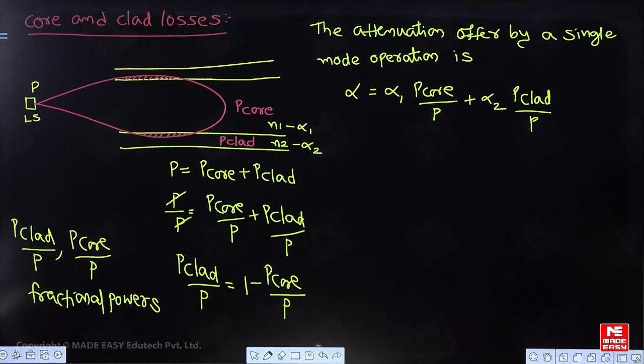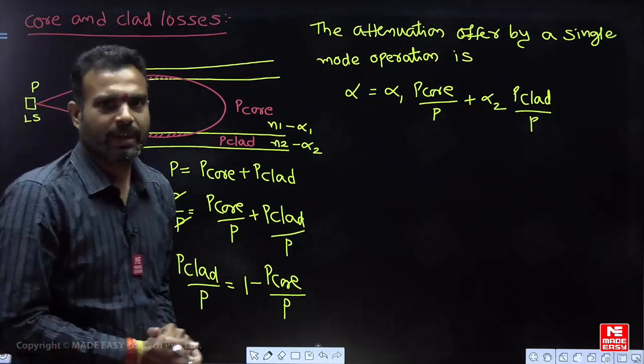I want to give you a simple explanation for this attenuation. Why I wrote this formula, I can explain to you. You will understand very easily once I explain that part.